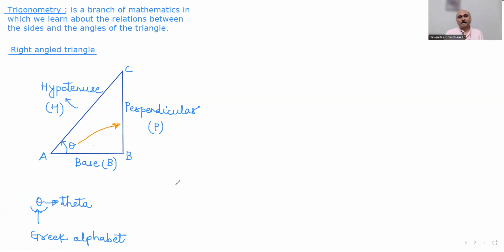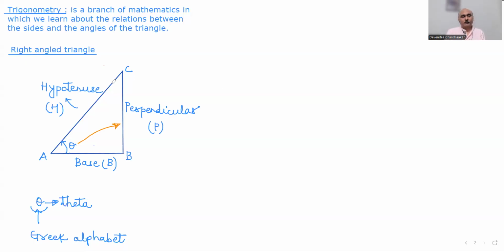Just name the third side as base. Okay. All of you clear about what is perpendicular, hypotenuse, and base? Yes, sir. All of you, I'm talking to all of you. So you have to answer whether you understood or not. Everybody. Yes, sir. Utkarsh. Yes, sir. Okay. Very good. Tejas, Polly, Ira.